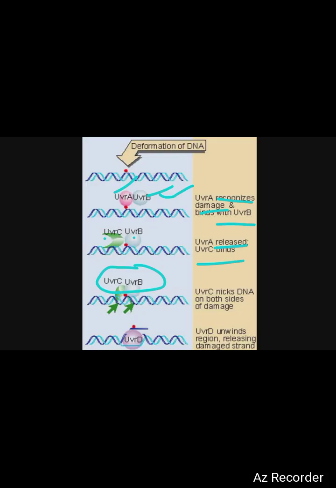So basically what will happen? UvrB will cleave a phosphodiester bond. Which bond? Phosphodiester bond. This you have to remember. It cleaves 4 nucleotides downstream of the DNA damage. So here is the downstream one. And UvrC will cleave a phosphodiester bond 8 nucleotides upstream of the DNA damage.